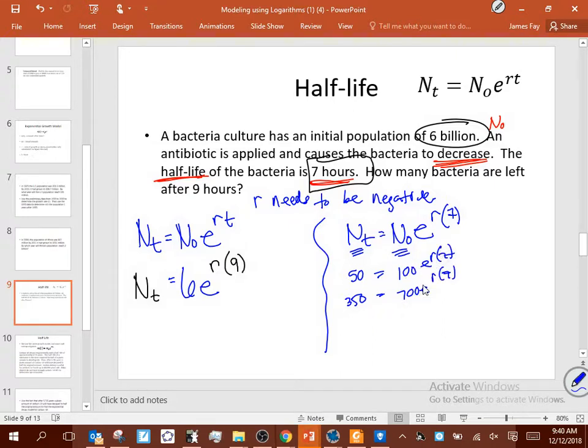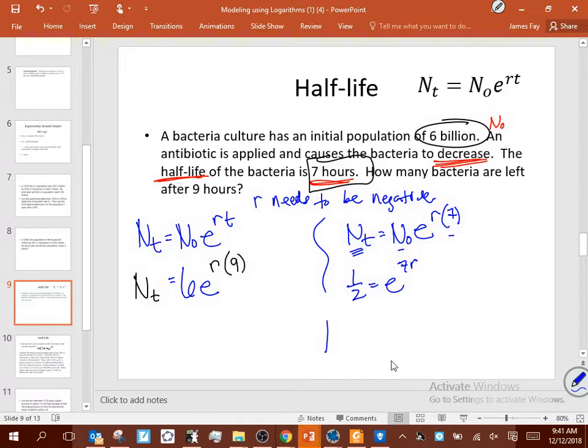What would you do with either of these to isolate that exponential part? You divide by that 100 or divide by that 700, right? And when I do that, what's that always going to give me on the left-hand side? A half. So you get 1/2 equals e to the 7r.